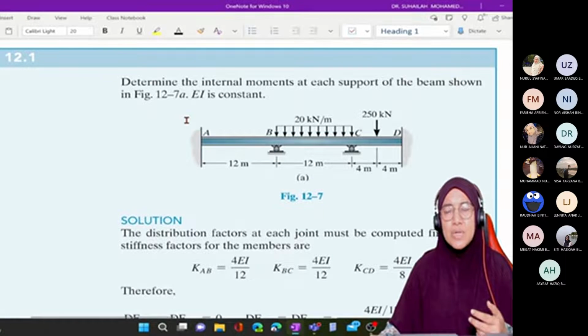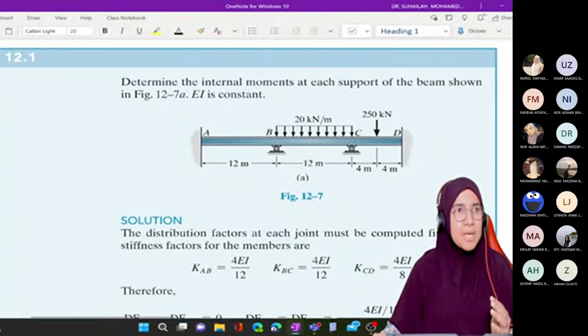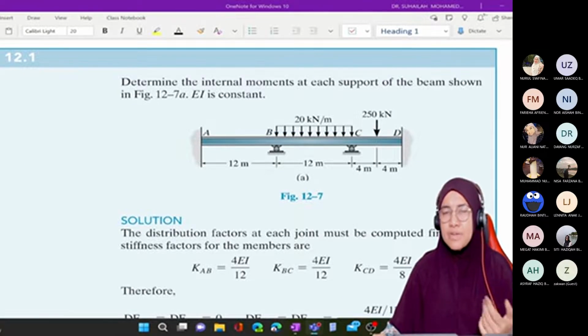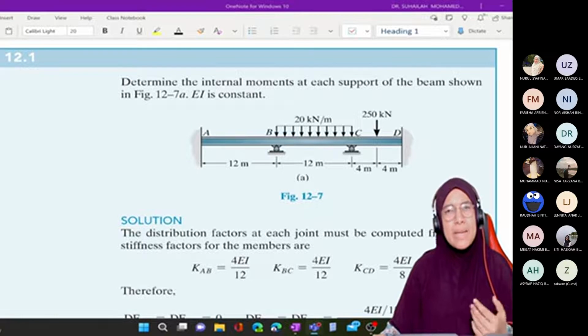After that, we can continue to calculate the vertical reaction at each support, and then draw the shear force diagram and bending moment diagram. If we just need to draw the bending moment diagram, we can draw directly using the values from the table.